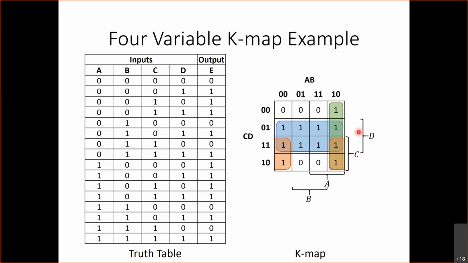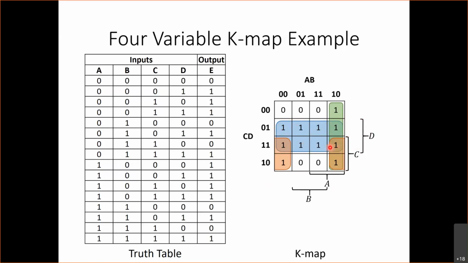The next step is for us to extract an equation that has a term for each of these rectangles. So let's look at the blue rectangle first. What does the blue rectangle represent? What term does the blue rectangle represent? D, exactly. So here, this range D refers to this entire blue rectangle.